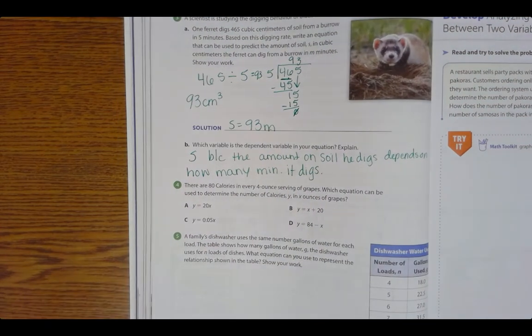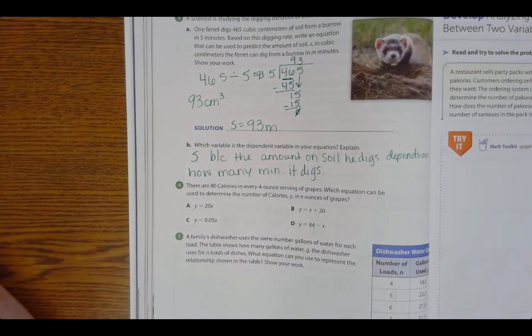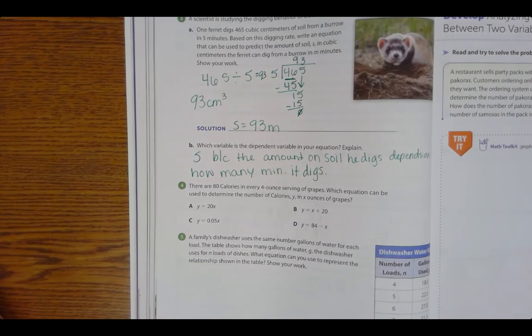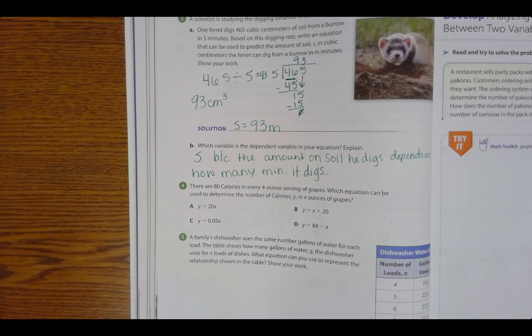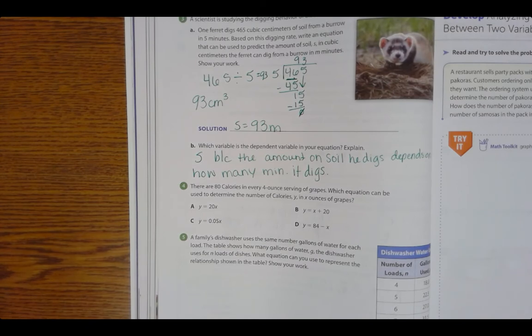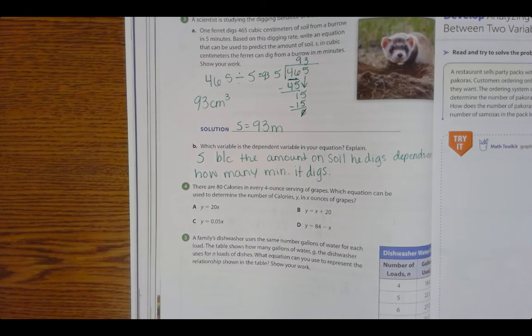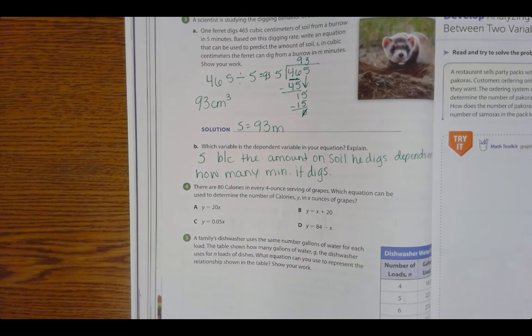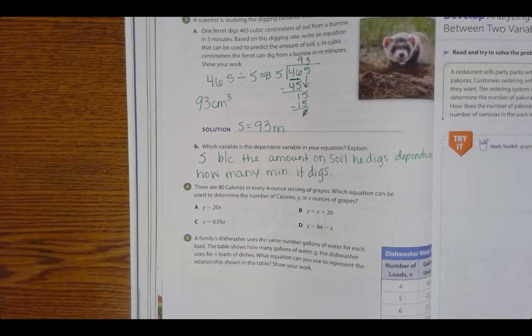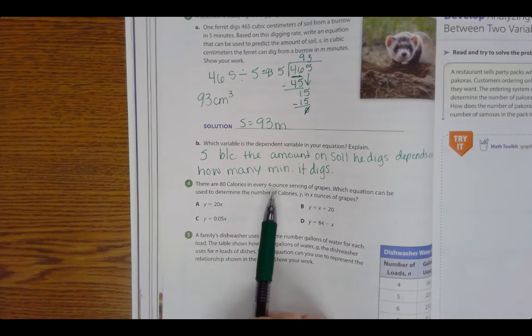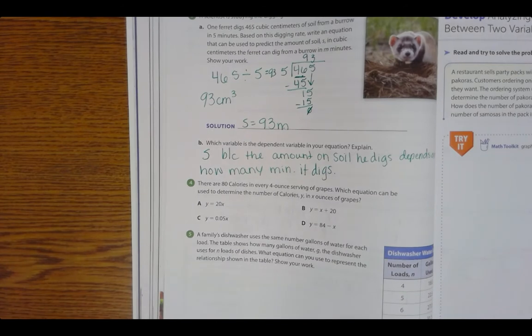Right? Number 4, there are 80 calories in every 4-ounce serving of grapes. Which equation can be used to determine the number of calories? We're going to use Y for calories in X ounces of grapes. So I want to know how much is in a 1-ounce serving.